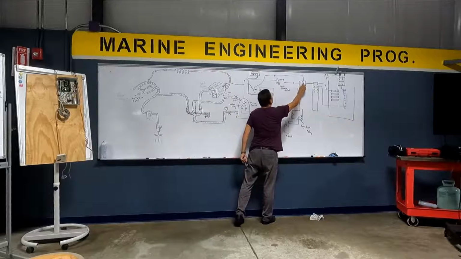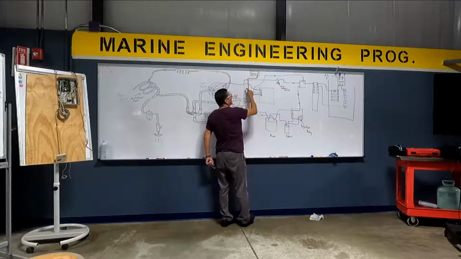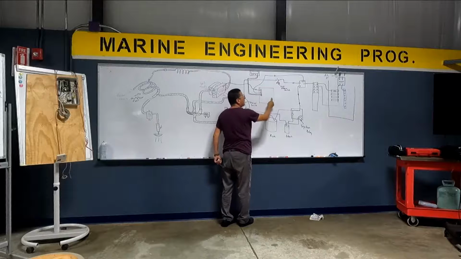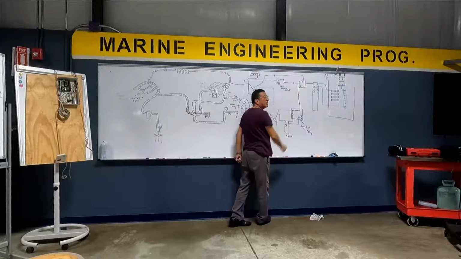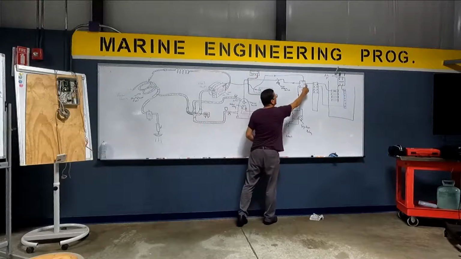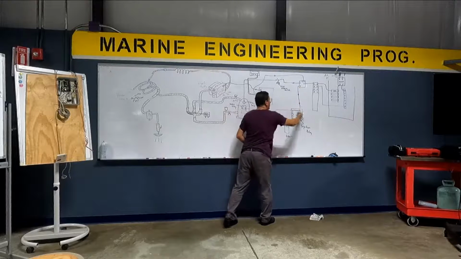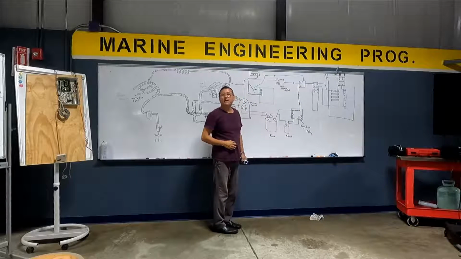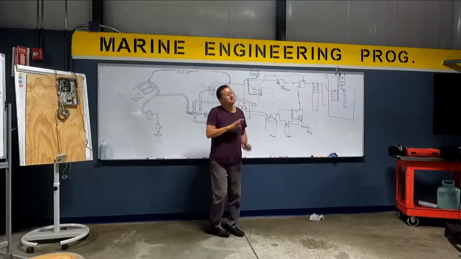If the signal coming from the thermostat enters the circuit board, the circuit board sends another signal to activate the triac, to close the contact in the triac, and the current passes here and passes here. That's okay? If the triac is open because the thermostat is off, no current.